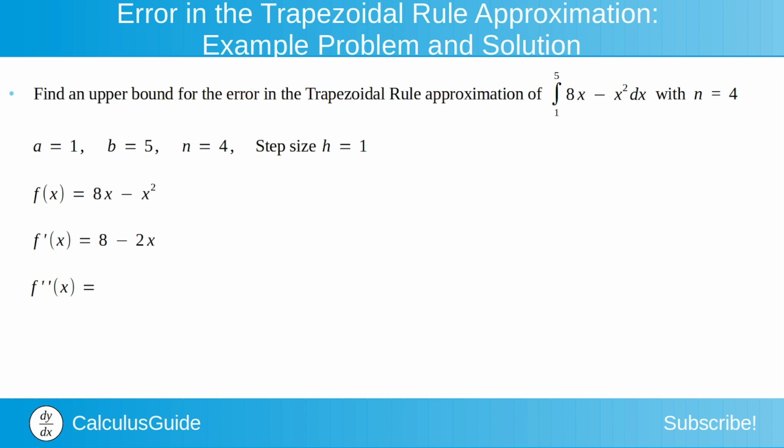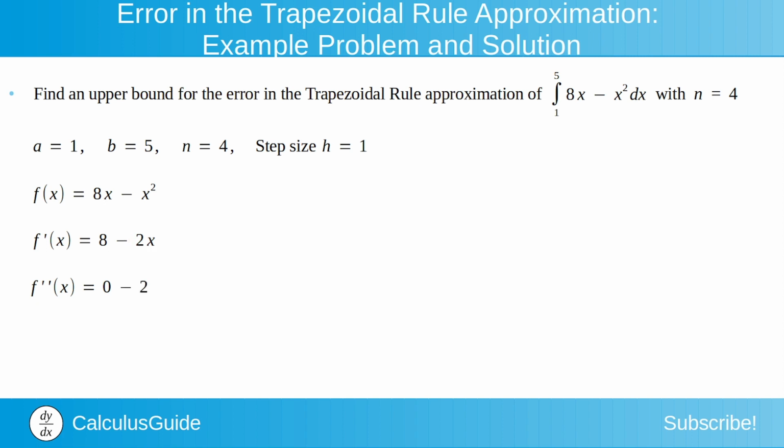F double prime of x is equal to the derivative of 8 with respect to x minus the derivative of 2x with respect to x. The derivative of 8 with respect to x is equal to 0, and the derivative of 2x with respect to x is equal to 2.